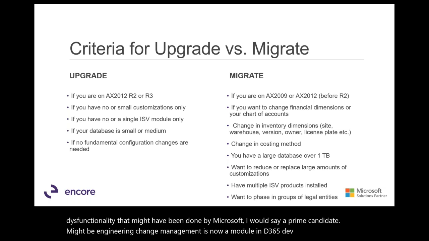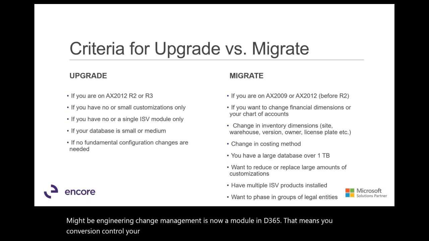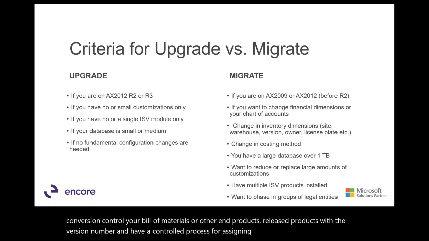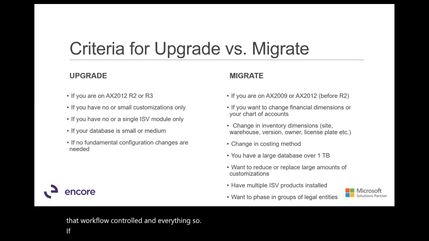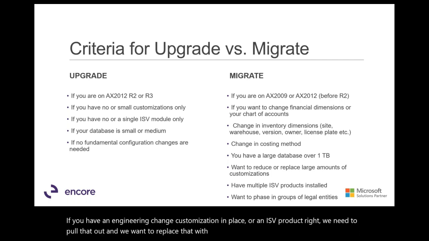That means you can version control your bill of materials or other end products, released products, with a version number, and have a controlled process for assigning those version numbers and have that workflow controlled and everything. So if you have an engineering change customization in place, or an ISV product, we need to pull that out, and you want to replace that with standard Microsoft functionality.